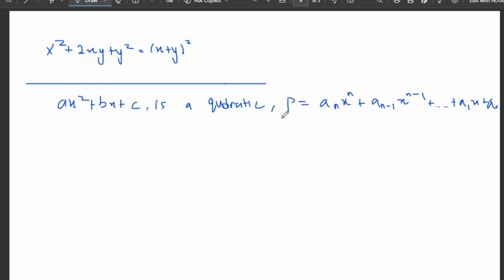This is the general form of a polynomial of degree n.